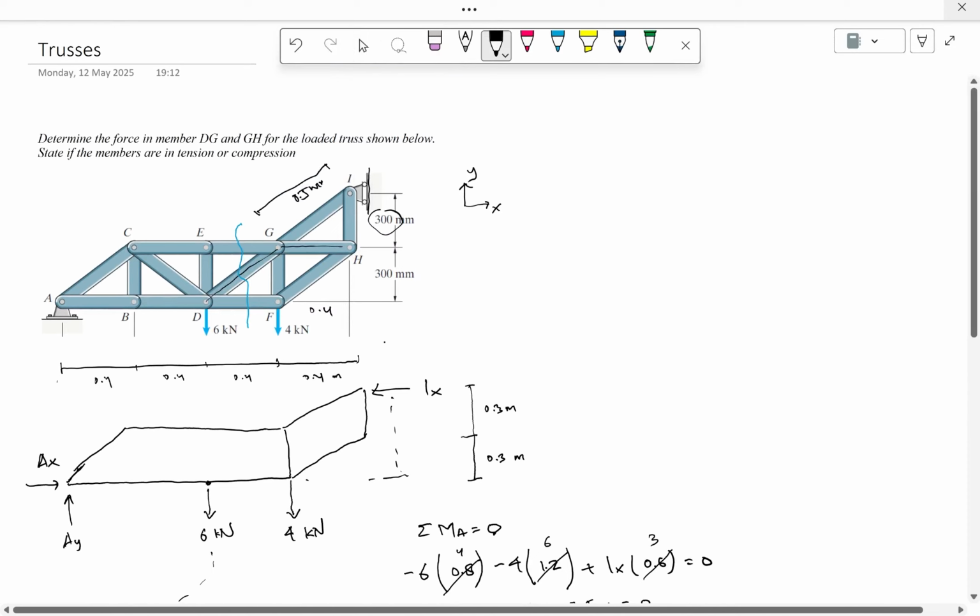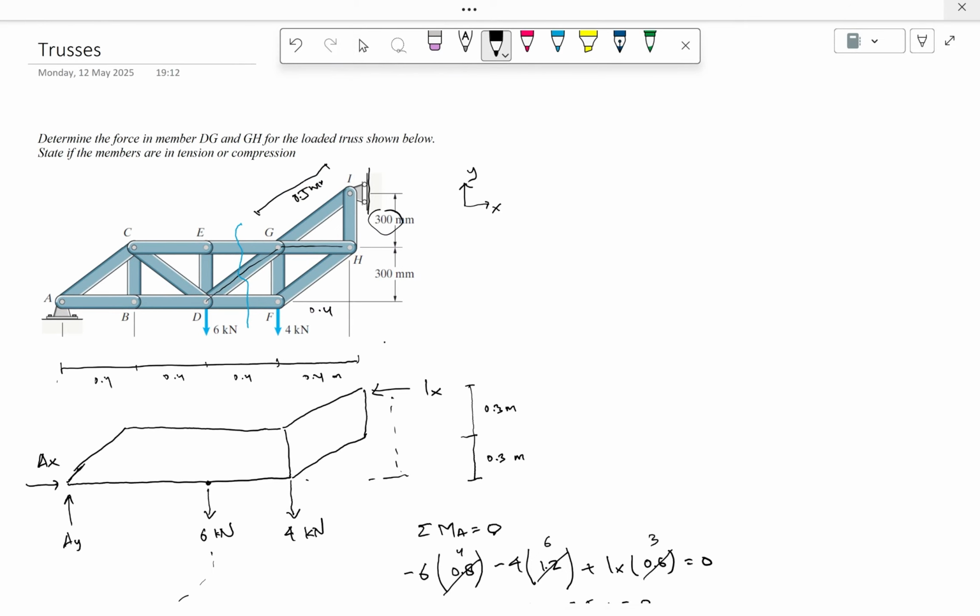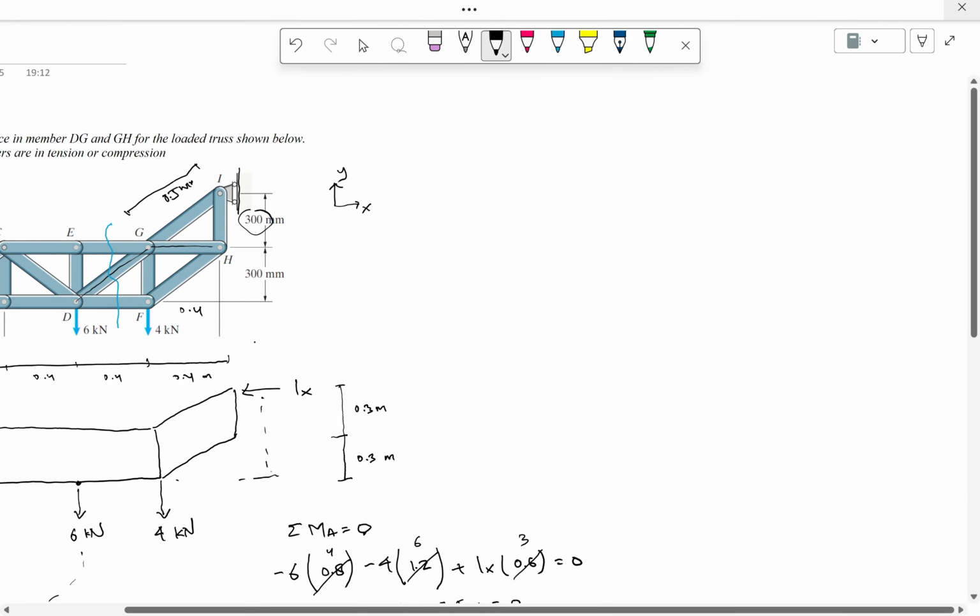So the next question is GH. So now let's calculate GH. There are two ways to solve GH. Let's solve here, I guess.